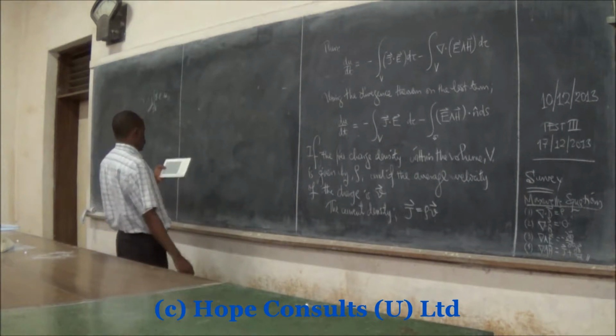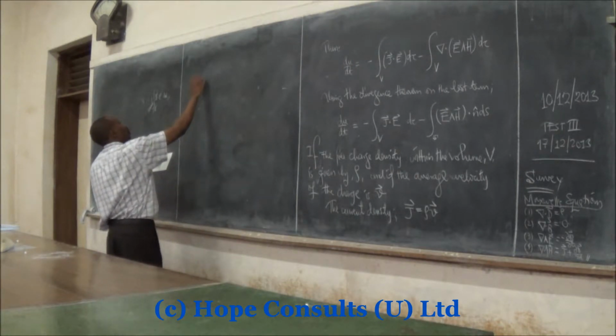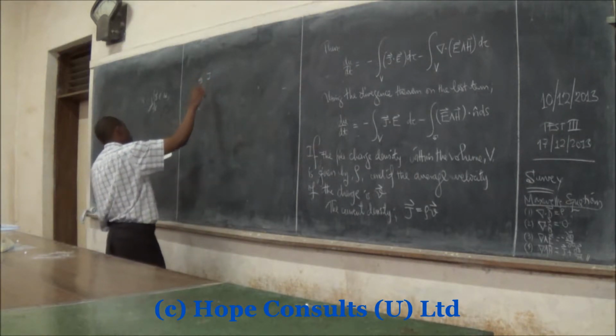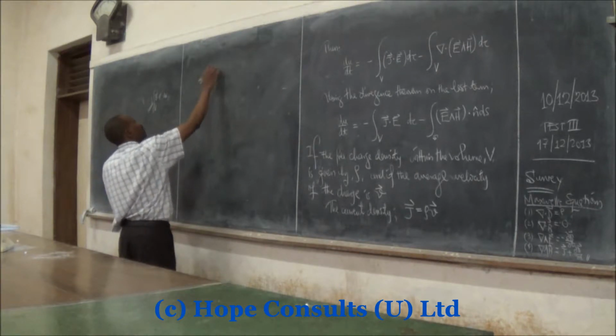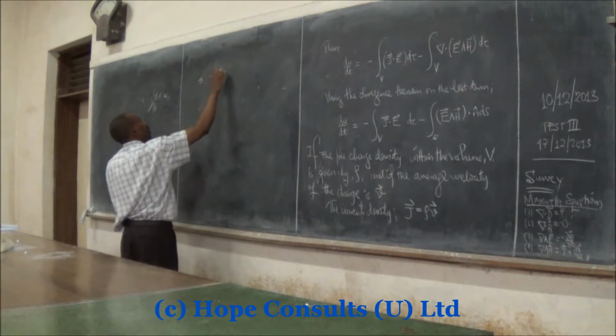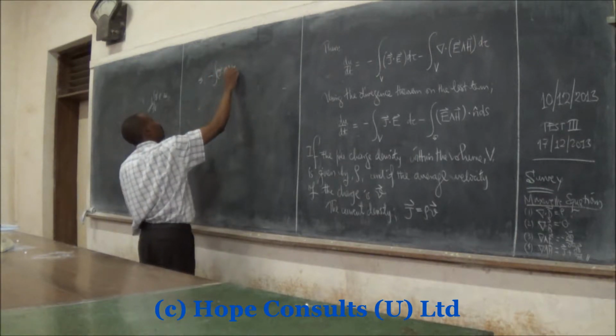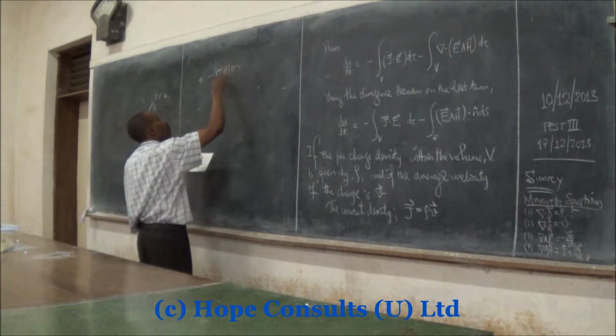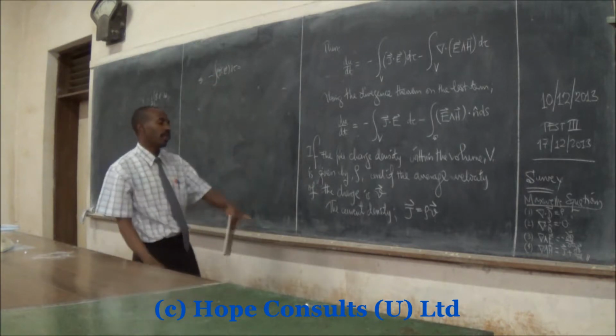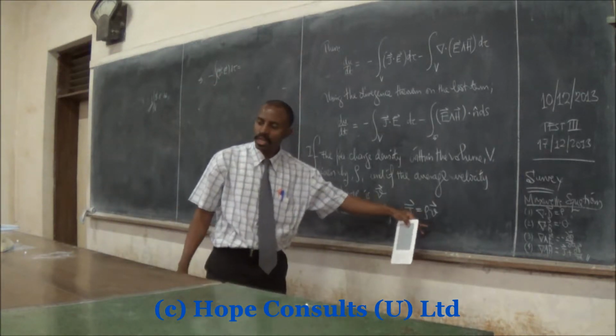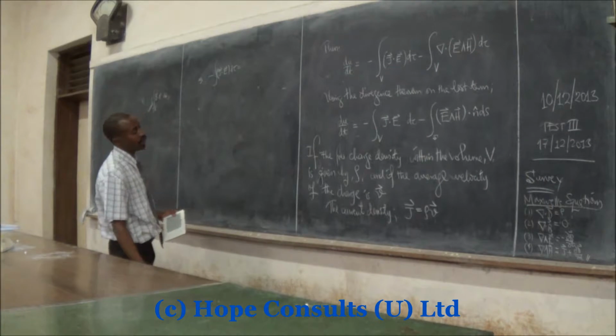And this would imply that our minus integral J dot E d tau, we substitute for the J as we have gotten it here in terms of the velocity and the charge density.